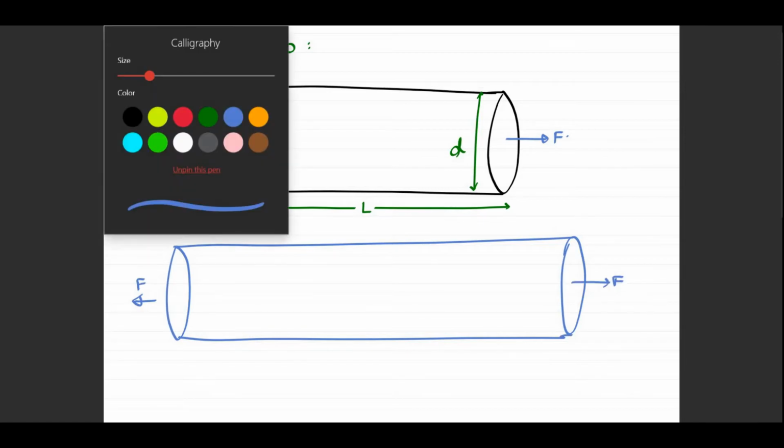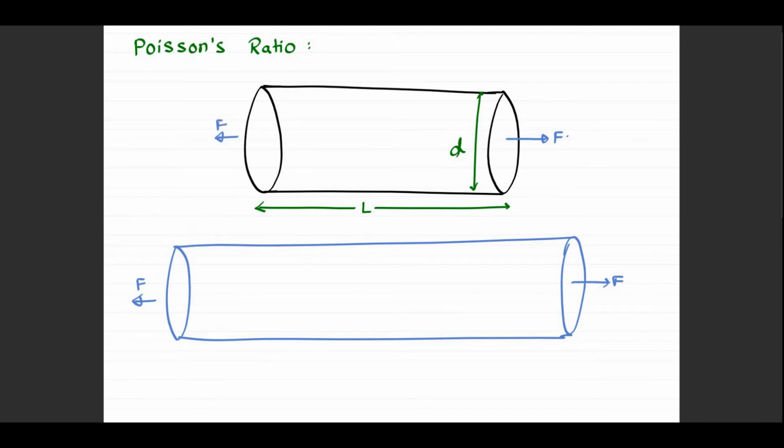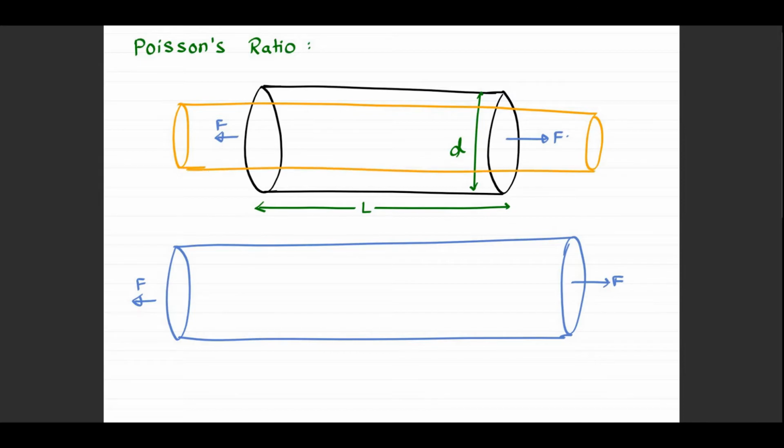But the reality is, if you apply forces like this, it will expand in this direction, but simultaneously it will contract in diameter, right? So this diameter then becomes d plus delta d. Now that delta d is negative here, and this becomes L plus delta L.